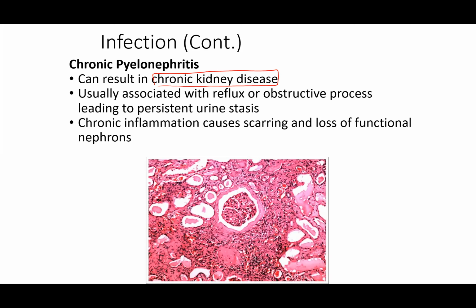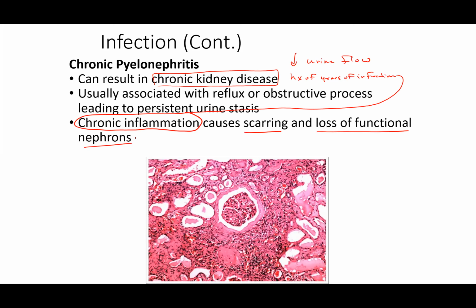You usually get chronic decreased urine flow, also a history of years of infection. The history of years of infection can lead to chronic inflammation, which causes scarring, and the scarring causes loss of function of the nephrons.